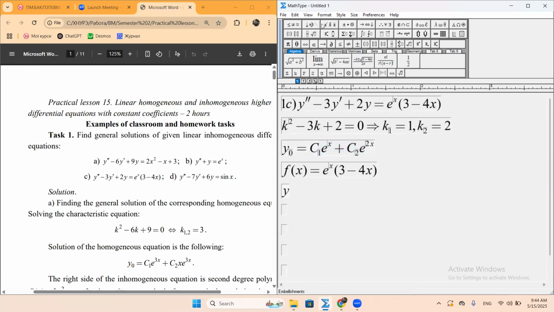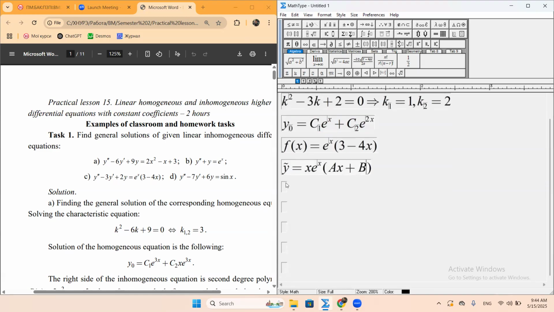So the partial solution will be found in the following form: x multiplied by e to the power of x multiplied by a polynomial with undetermined coefficients.